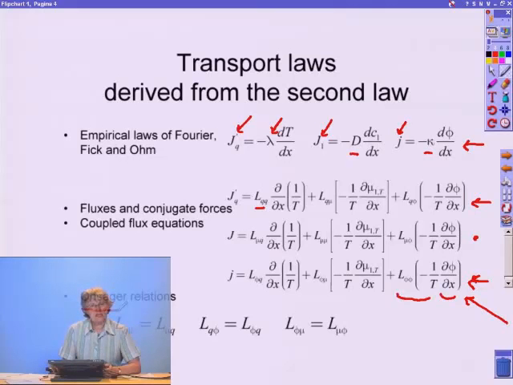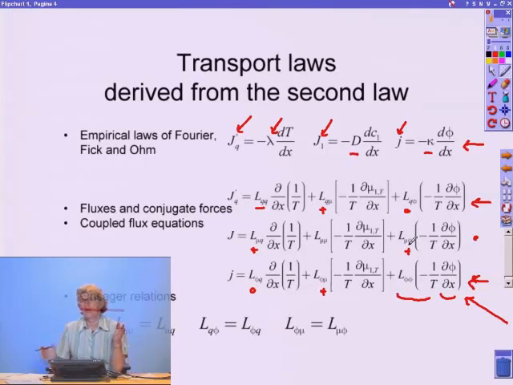This matrix is in fact symmetric. He showed that the coefficients were pairwise identical. This one was equal to this one. L_Q-phi was equal to L_phi-Q. And he proved also that L_phi-mu was equal to L_mu-phi.